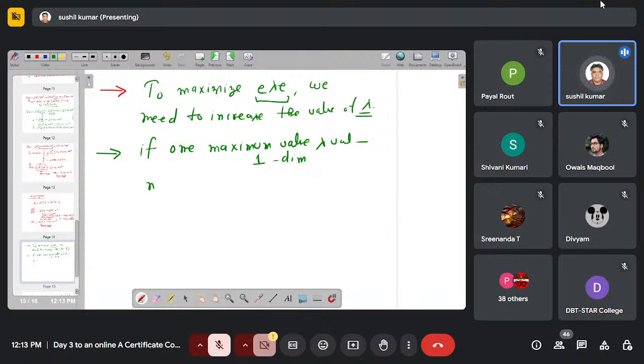If you choose more eigenvalues, then it will be converted into d dash dimensions, which will be less than or equal to d. Okay, this is all about PCA.